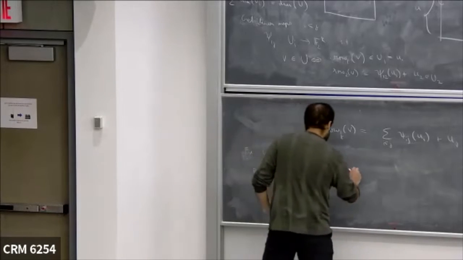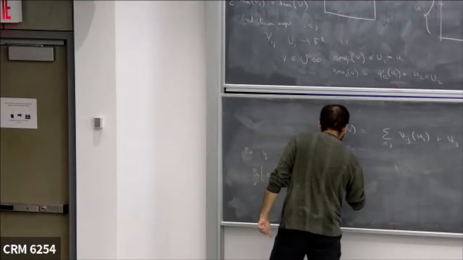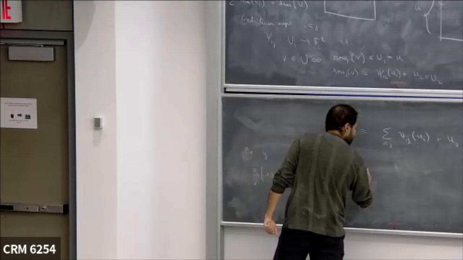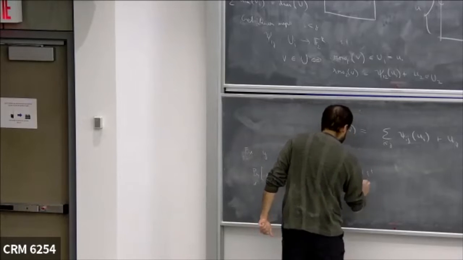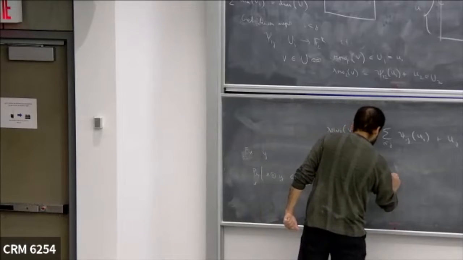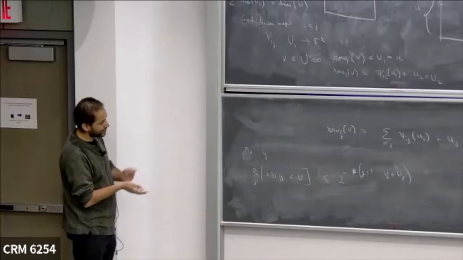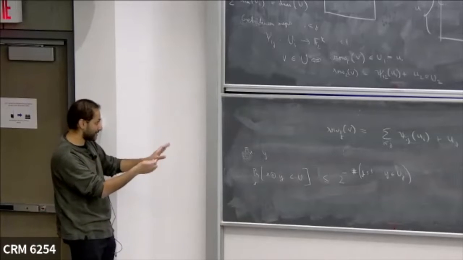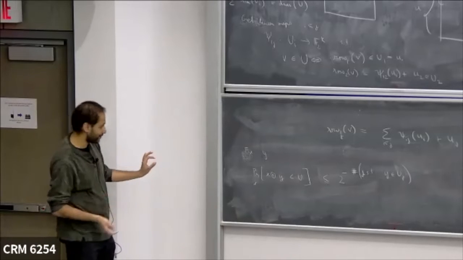So 2 to the minus the number of j such that y is not in uj. And this is actually the only inequality step of the whole proof.